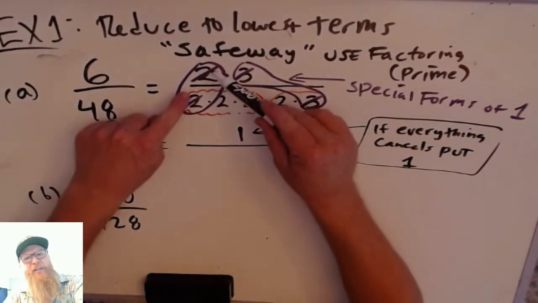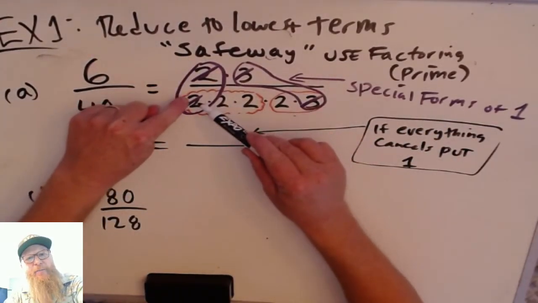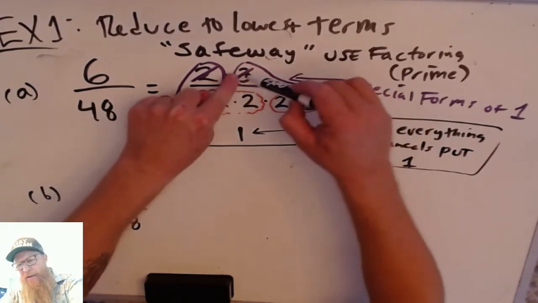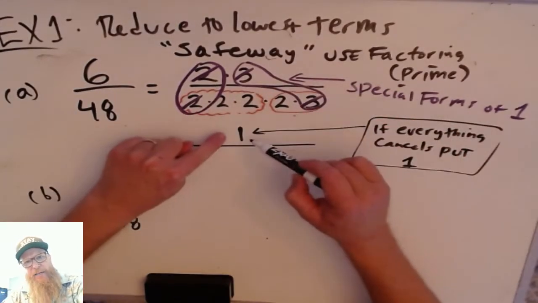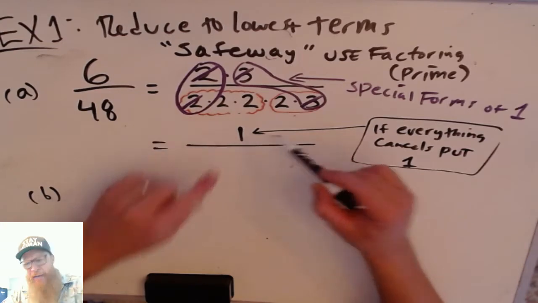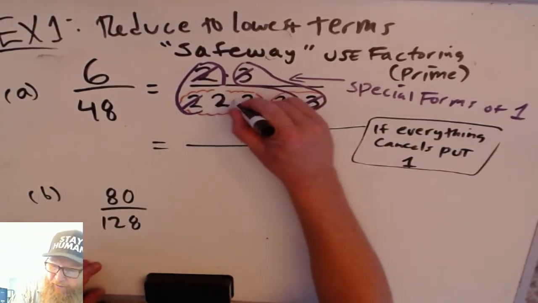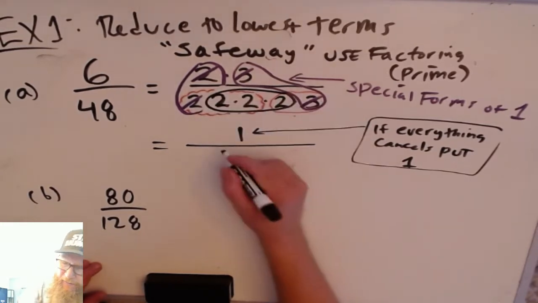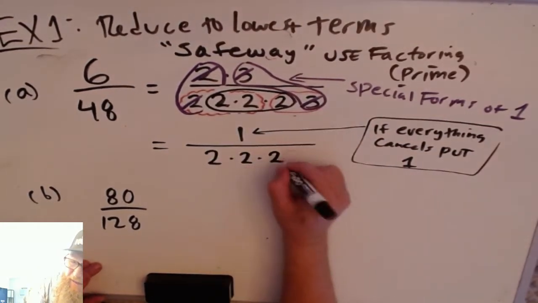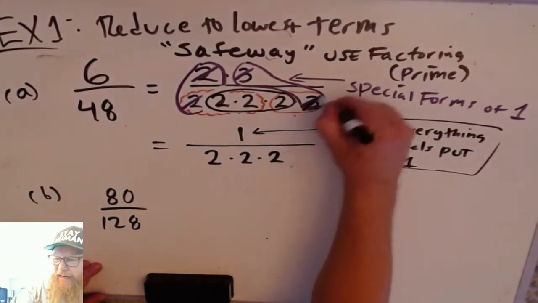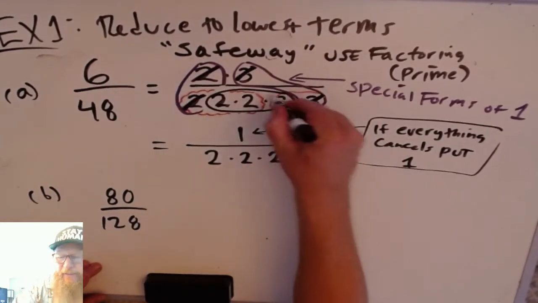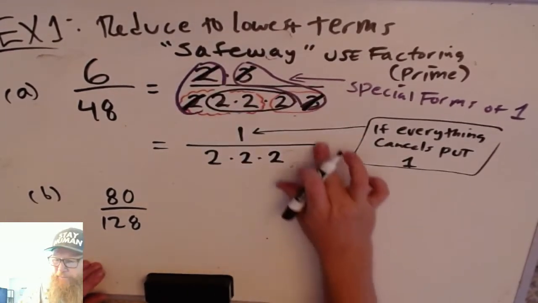Because it's essentially like you're saying 2 divided by 2 is 1. 3 divided by 3 is 1. And so what I have is, how many 2's left over? I've got 3 2's left over that did not cancel. Here's the ones that did not cancel.